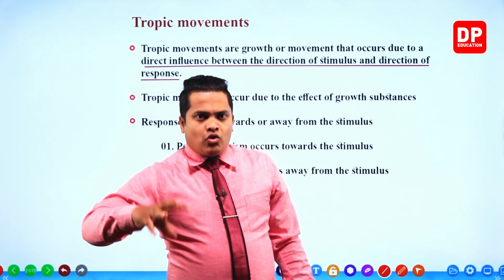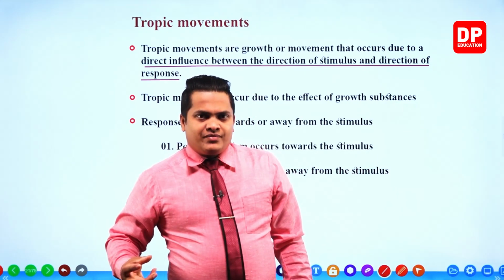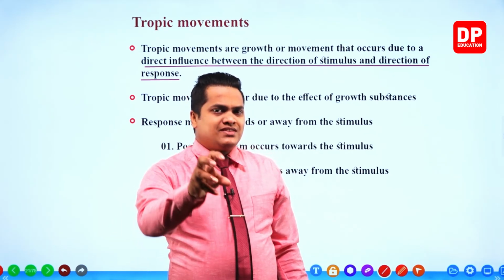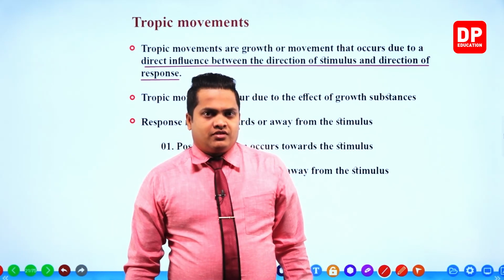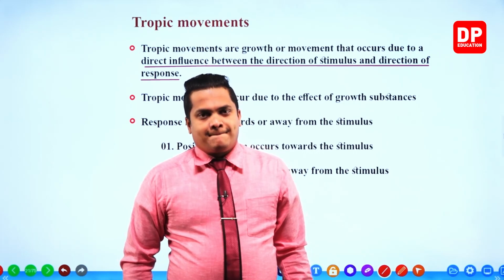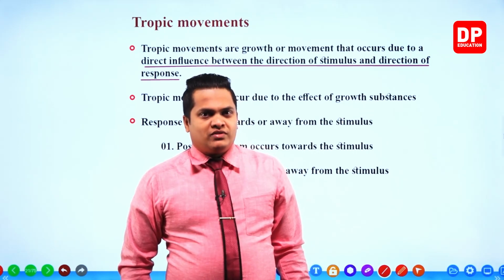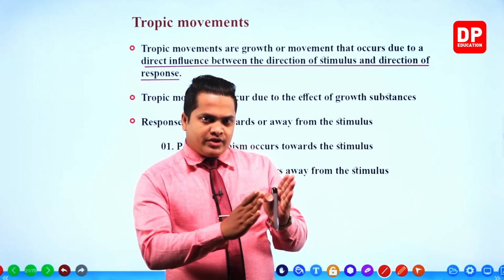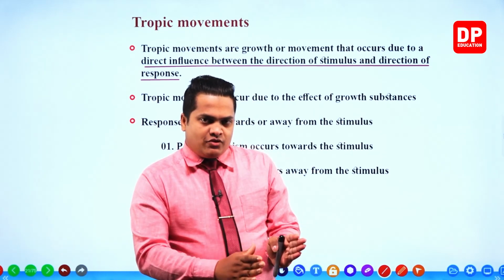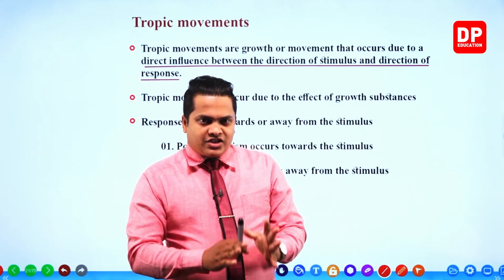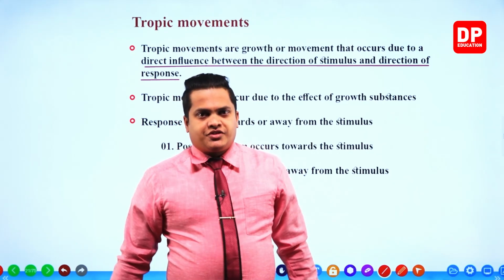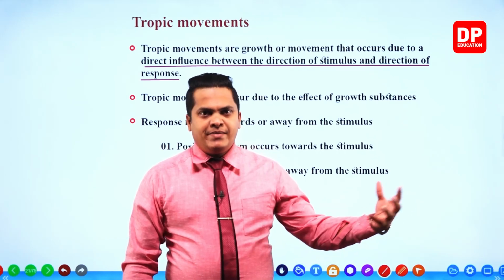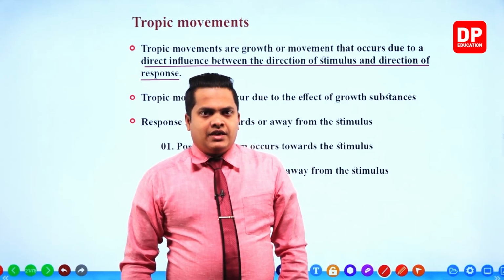So according to the direction, my dear children, the direction of the response is also going to change within the trophic movements. So within the trophic movements, we can observe that particular thing. What is that? According to the direction of the particular stimulus, the direction of the response is going to change. It can be towards or it can be away.